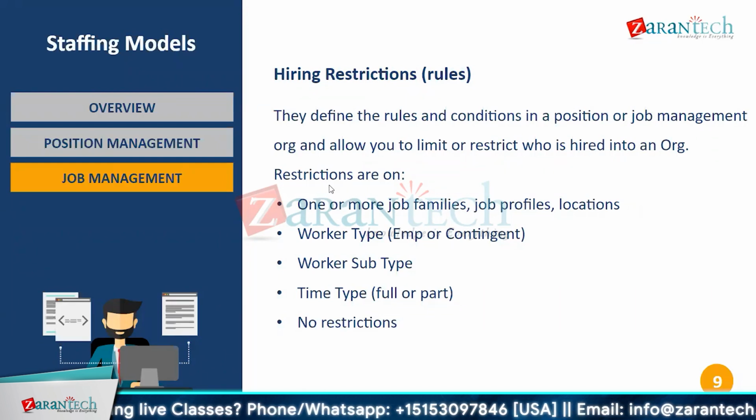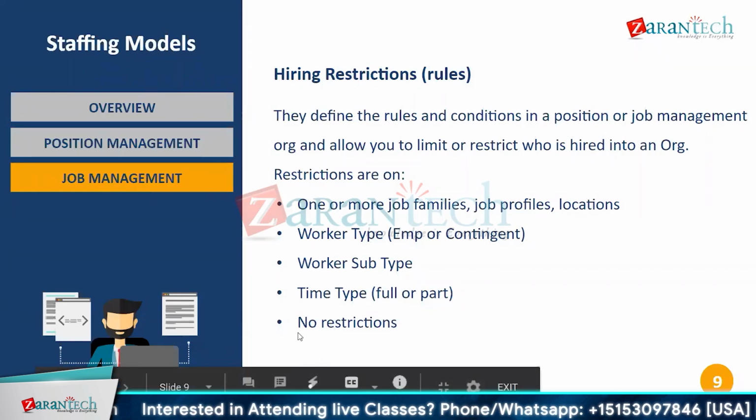So what happens in the real world is if you're a fast-growing company and you have a lot of staffing needs, you need to hire a lot of people and you need to hire them quickly, then you want to go with job management. Because in job management, you just need to create the supervisory org. You set the restrictions once, or typically, if you need to hire fast, you select no restrictions, or you say override restrictions.